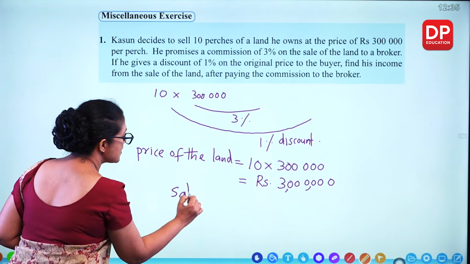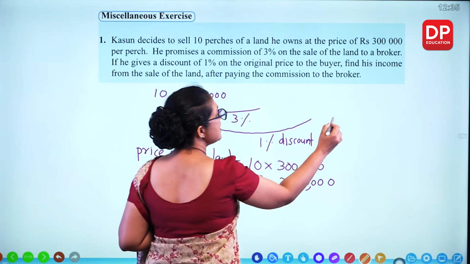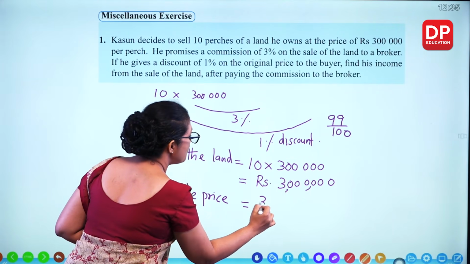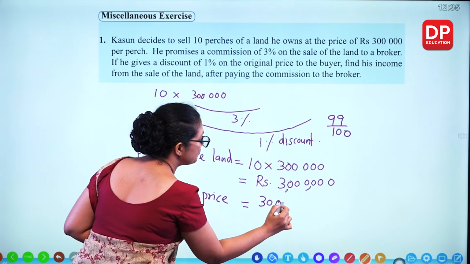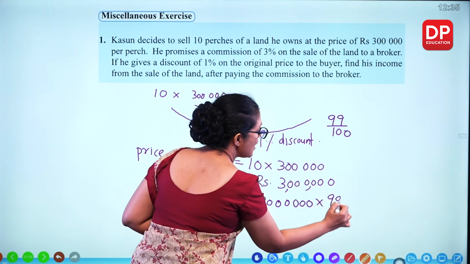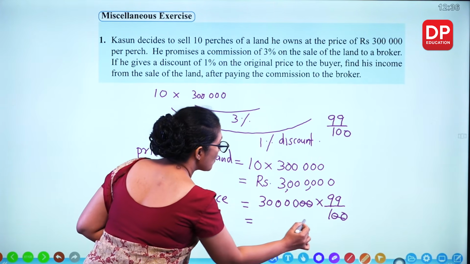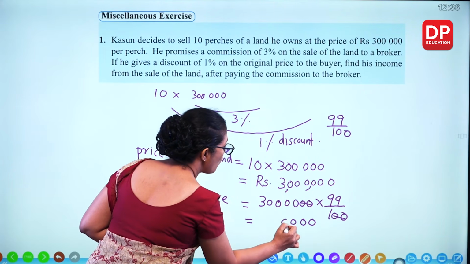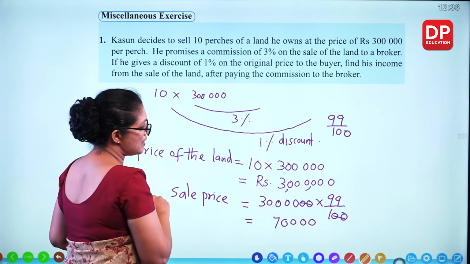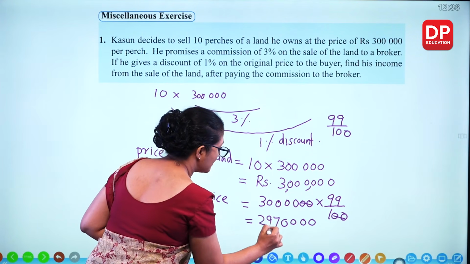So sale price is 1% discount means 99 over 100. So 3 million into 99. 3 times 9, 27, plus 2, 29.